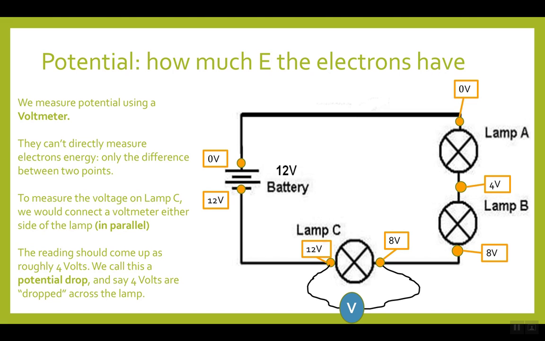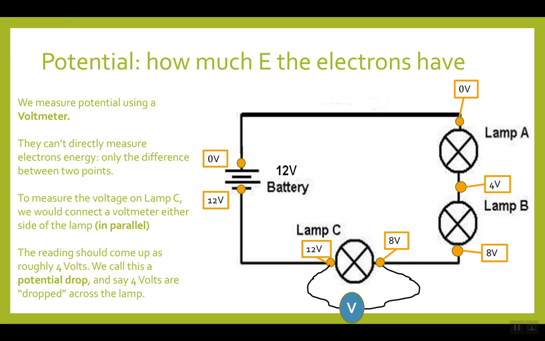We can measure that using a voltmeter, but we can't measure it directly. We've got to measure the difference in energy between 2 points. So what you'd normally do is you'd connect it in parallel, so you'd connect one wire on either side of your load, or on either side of your power pack or battery, and we'd see for lamp C that we would have 12 volts on one side, 4 on the other, so we'd measure a potential difference or potential drop of 4 volts.